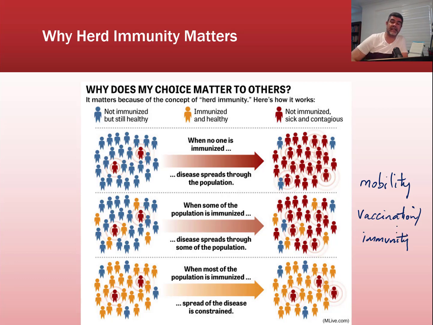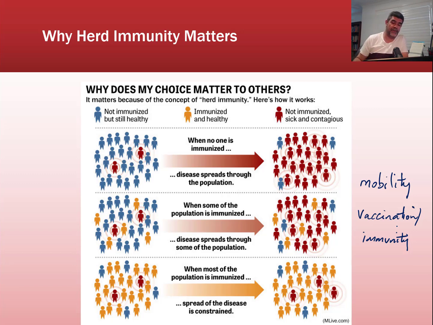Because the whole idea of vaccination is that people are carrying around the antibodies, or at least their immune system is already triggered to a particular disease. So if you have a large number of people in that situation, then the chances of two susceptible individuals coming into contact with one another, and particularly if one of them is carrying the pathogen, significantly reduces as you increase those proportions.